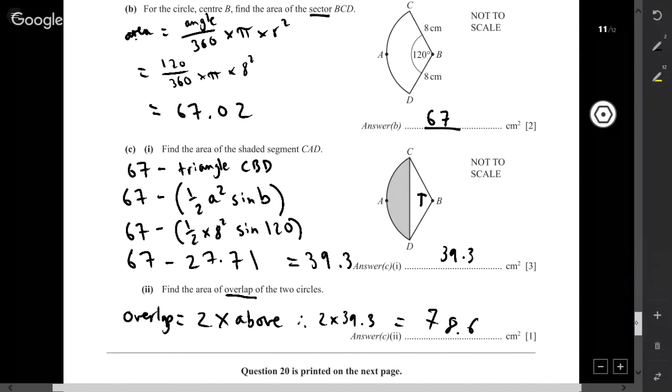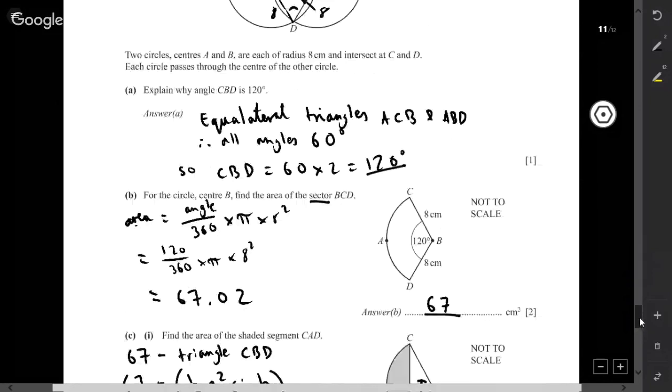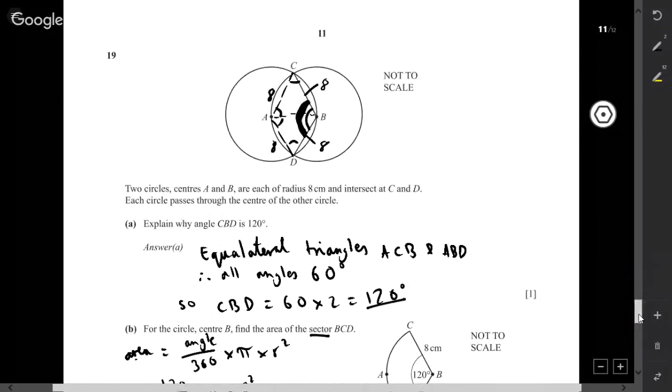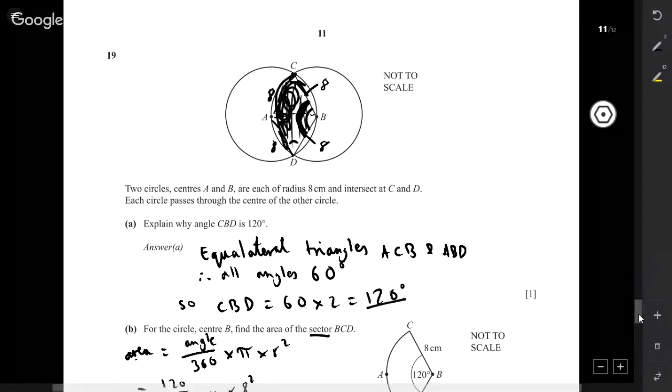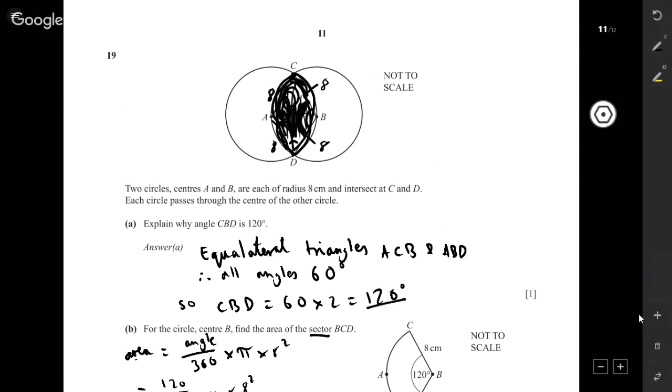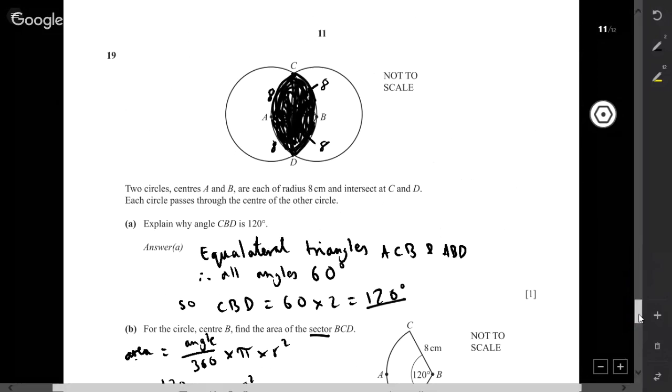And find the area of overlap of the two circles. So if we just go back up to here, basically what they want is this shaded region here. Sorry, it's a bit messy, but you can see this is where the two circles overlap. Now, if you can remember, we just worked out what half of that shaded region is.